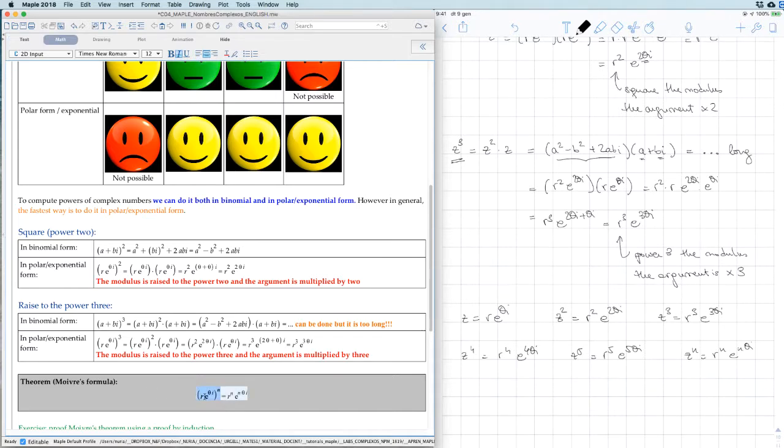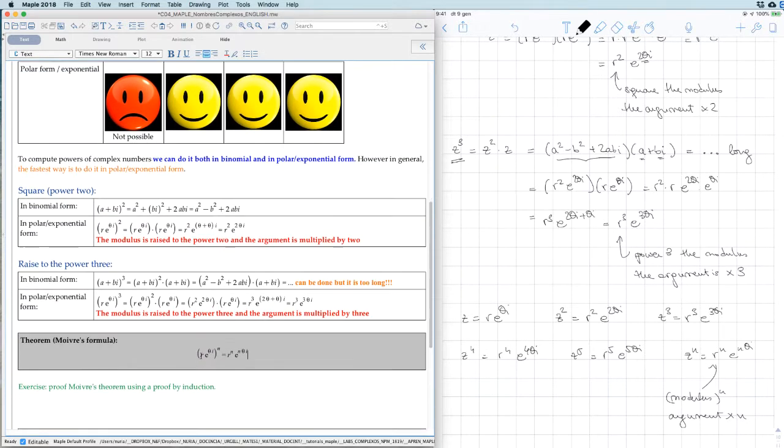So we have a number in exponential or polar form. If we want to raise it to the power n, we raise the modulus to the power n and we multiply the argument by n. So it's modulus to the power n and argument multiplied by n.